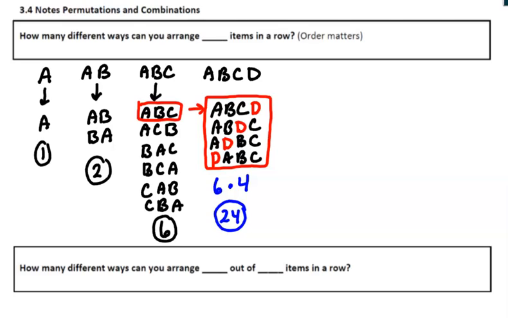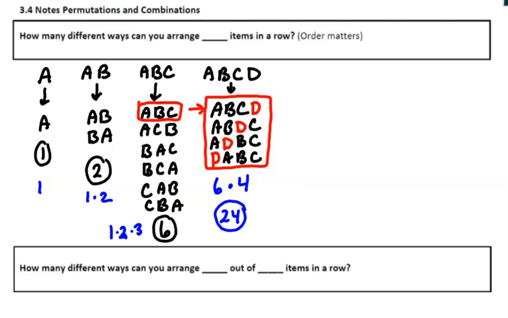Now, what can we conclude from all this? I want you to think about a pattern that we can see here. We start out with just 1. Then for that letter, there are 2 different places I could put B, so it's 1 times 2. And then there are 3 more ways that I could put C in for every arrangement of A and B. So this is 1 times 2 times 3, which is 6.